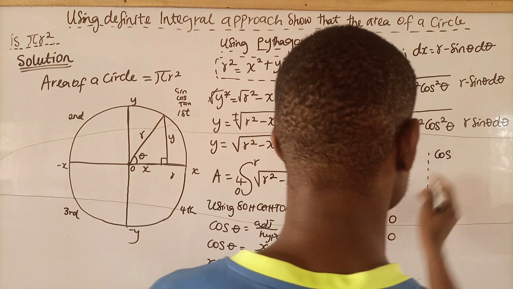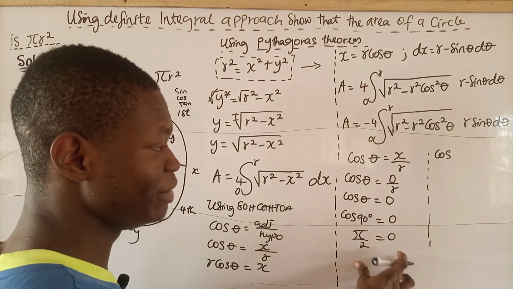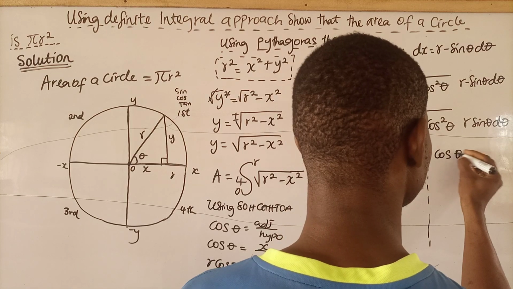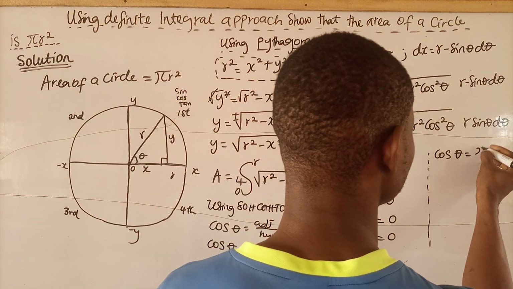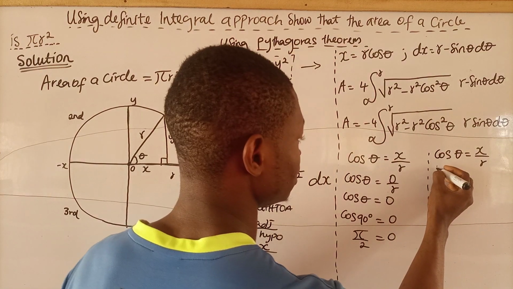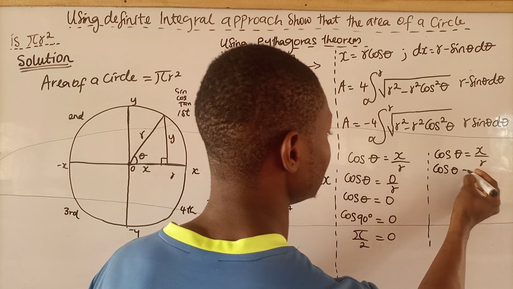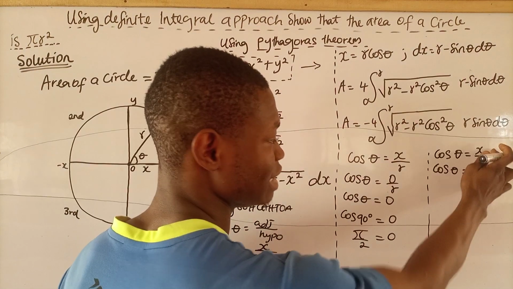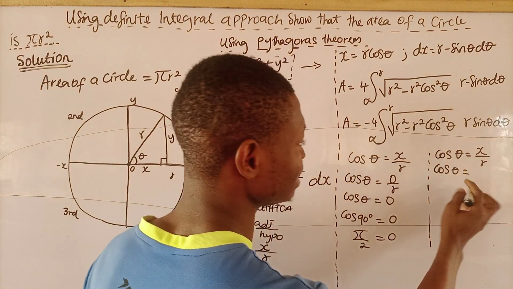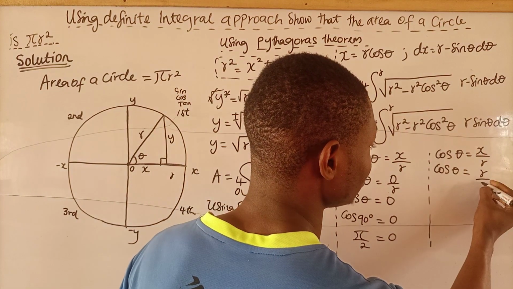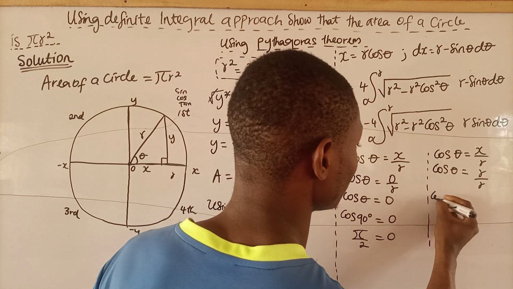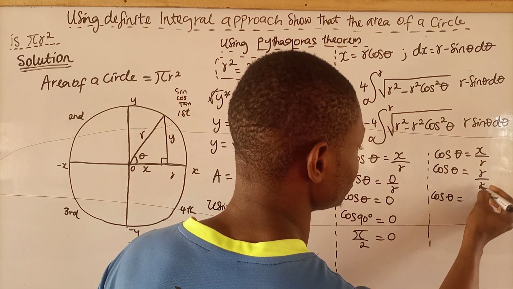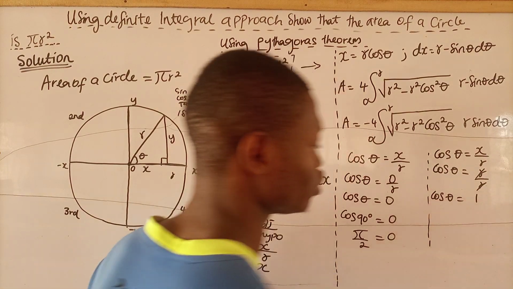So we are going to do it again in this place. You know that we are looking for our limit. So cos theta is equal to x over r. Then we are going to use this upper one now to replace this x. Anywhere we see x, we put r over r. So cos theta is equal to r by r, which is 1.